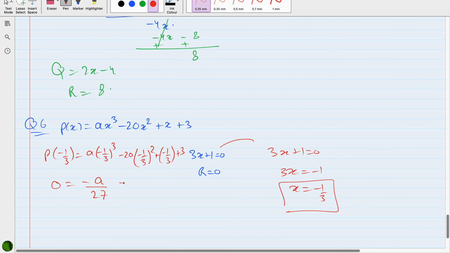This is negative 20 by 9. Then we have negative 1 by 3 and 3. Taking this expression on the other side, a by 27, and using calculator for the remaining numbers, 3 minus 1 by 3 minus 20 by 9 is positive 4 by 9. 9 1 times, 9 3 times, and 3 4 times is 12. So a is equal to 12.